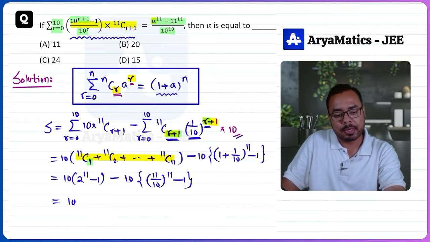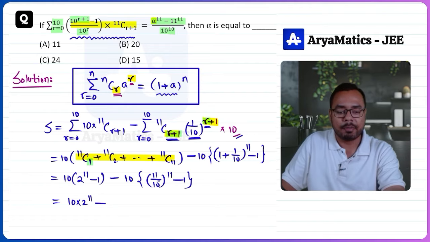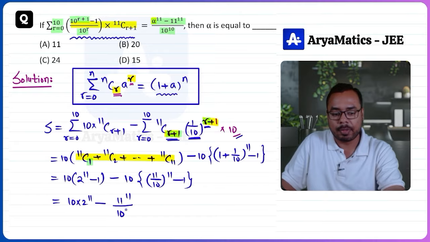So basically this is 10 into 2 raised to 11 minus, and if you separate these two, then you have 11 raised to 11, and this divided by 10 raised to 10, since you can get rid of 10 from here. And this minus 10 and plus 10 from here, those two you can cancel, right?